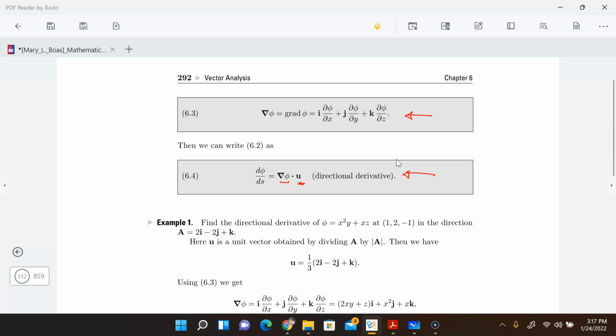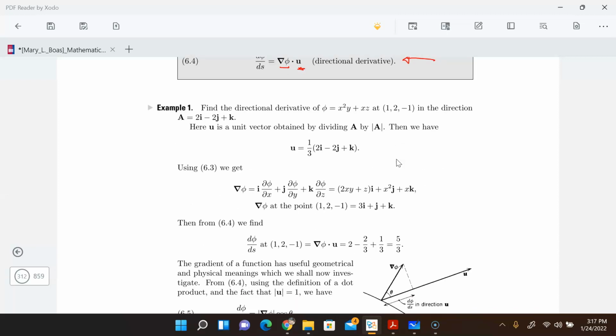Okay, here's a simple example first. Find the directional derivative of this scalar field, given in terms of this function, at the point (1, 2, minus 1) in the direction of A. Your vector A gives you the direction, but it's not normalized.